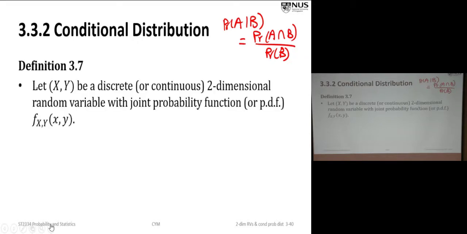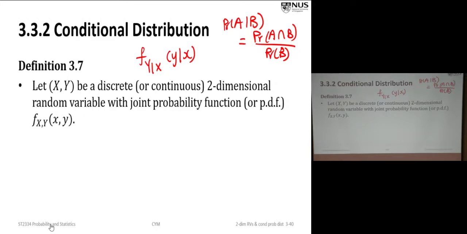So for two random variables, we also have a similar idea. We are interested in finding how one random variable, let's say Y, behaves when we know that the random variable X equals certain values. In other words, we are interested in this. What does this mean? This means that I'm looking at how the random variable Y behaves when X equals a certain value.